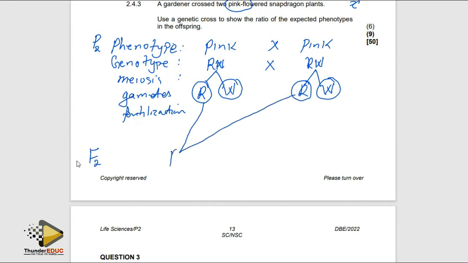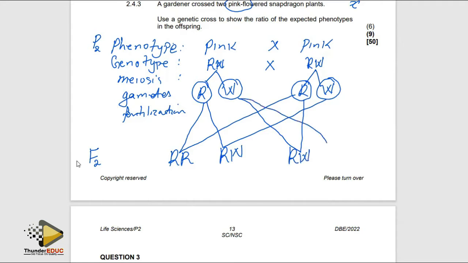So I'm going to have capital R, capital R, and now this with that is going to be capital R, capital W. Now this with that is going to be capital R, capital W. Then this with that is going to be capital W, capital W. Yes. So this is what is called fertilization.